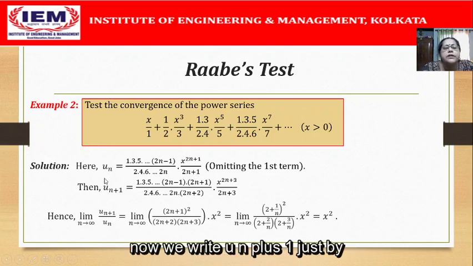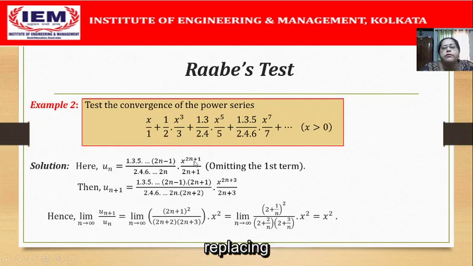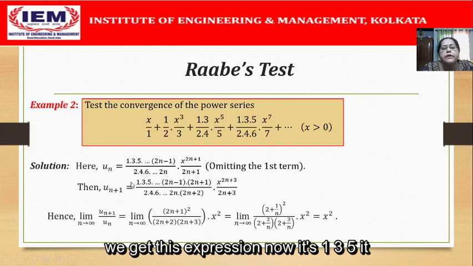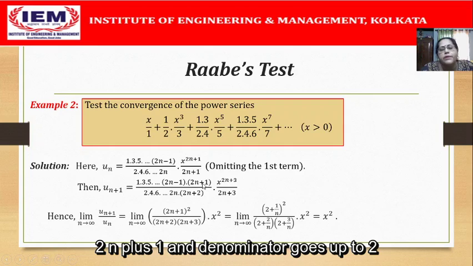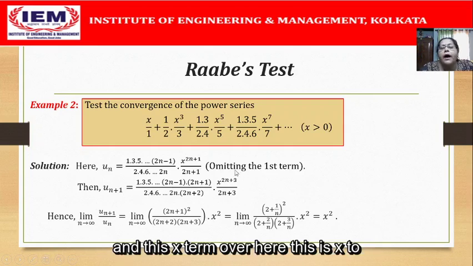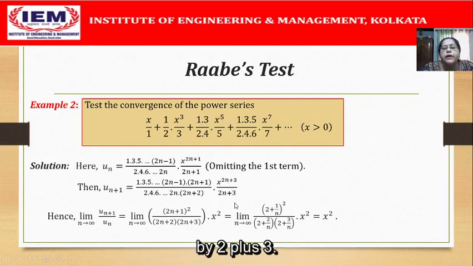Now we write un plus 1 just by replacing n by n plus 1 over here. So we get this expression now. It's 1, 3, 5. It continues now up to 2n plus 1, and denominator goes up to 2n plus 2. And this x term over here, this is x to the power 2n plus 3 by 2n plus 3.